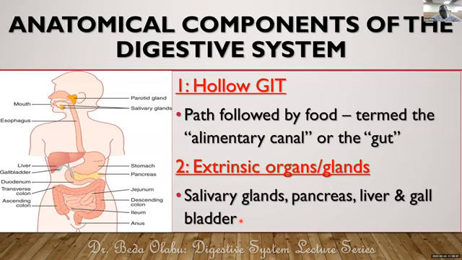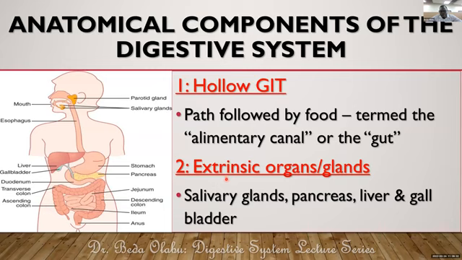If you heard me well, I said major salivary glands because there are major and minor salivary glands. The minor salivary glands are located within the wall of the digestive system. The glands which are located within the walls of the alimentary canal are not extrinsic, they are intrinsic glands.